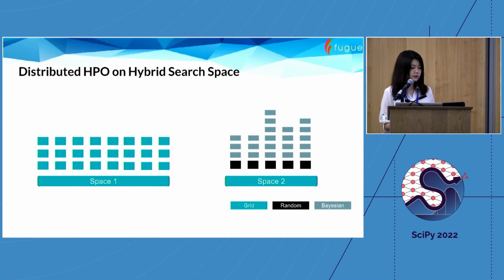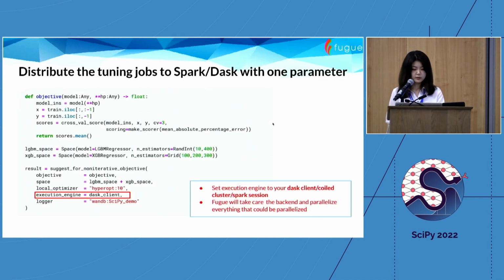A model tuning job at large scale can take a single machine forever to run. Parallel computing is the solution. However, it will require a significant amount of effort on code change and advanced domain knowledge to do it right. Recall that Tune is built on Fugue, so we can easily distribute the tuning jobs to thousands of machines and run them in parallel.